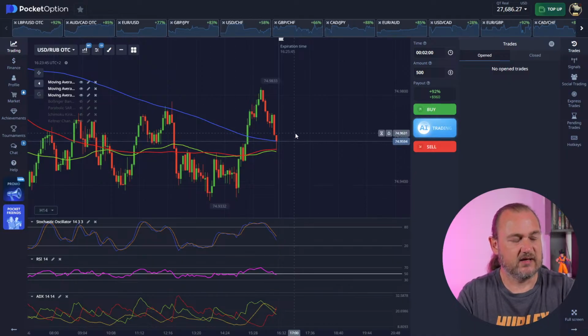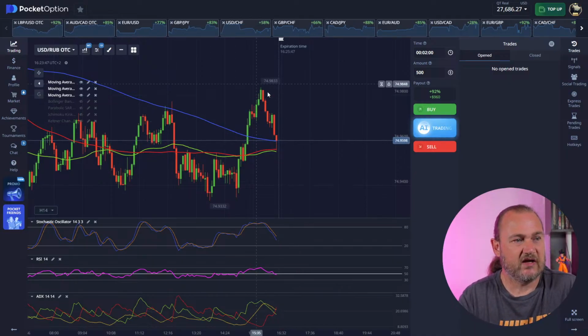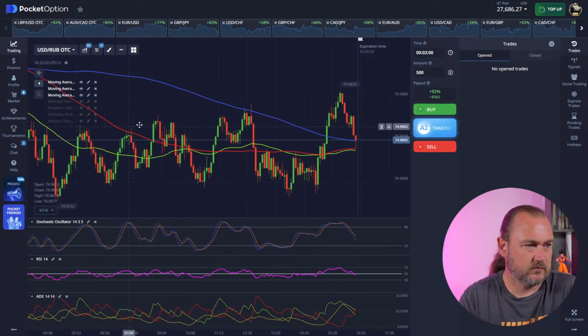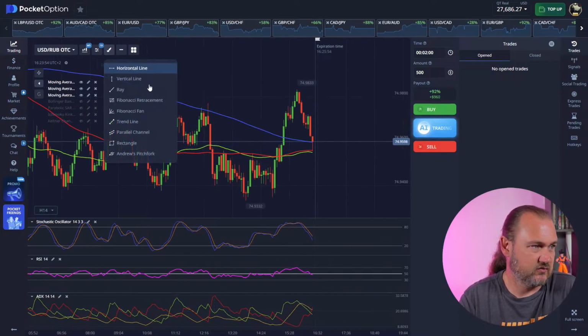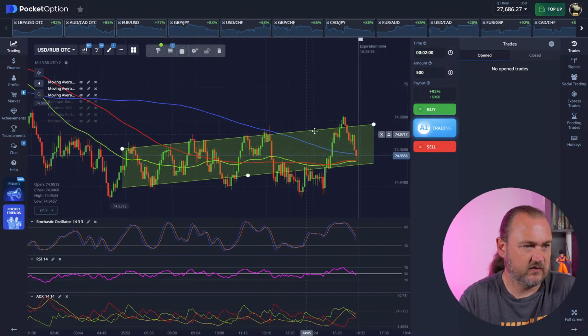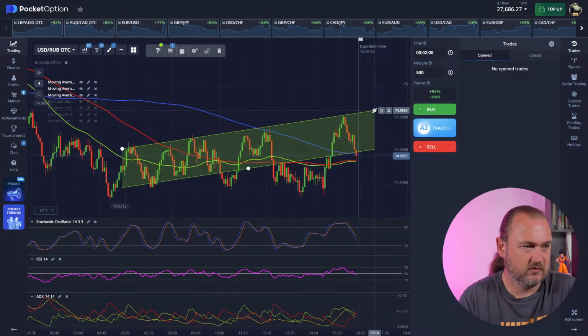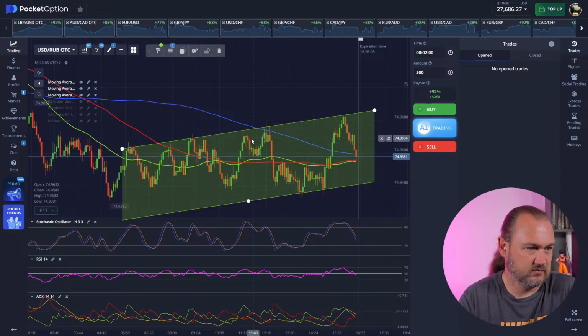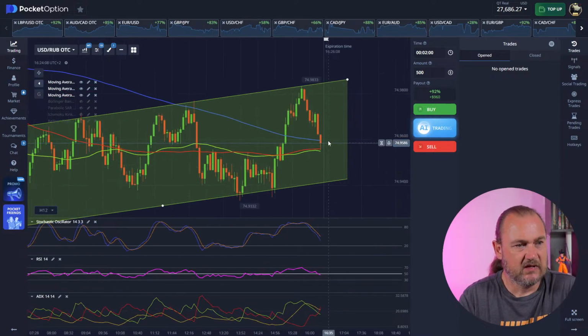This is actually looking pretty good. We have price making a higher high. So we actually have this channel here. We have kind of like a channel forming. Although the bottom is not, but this is a valid channel.